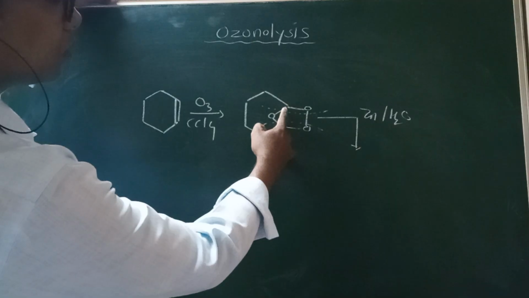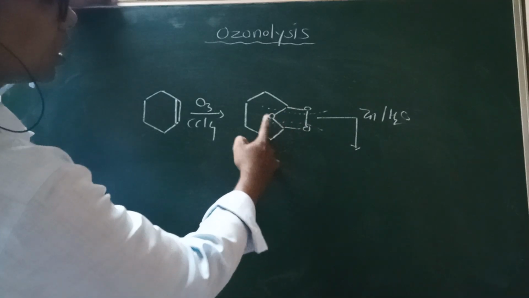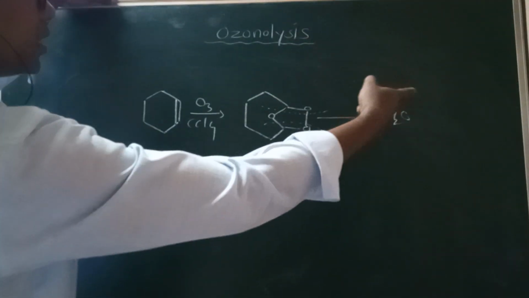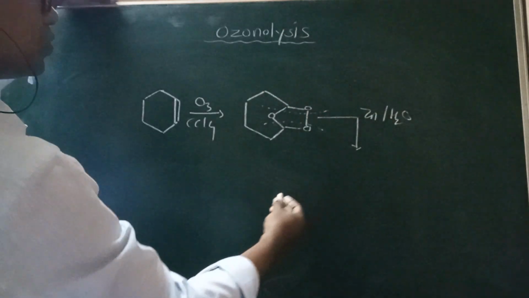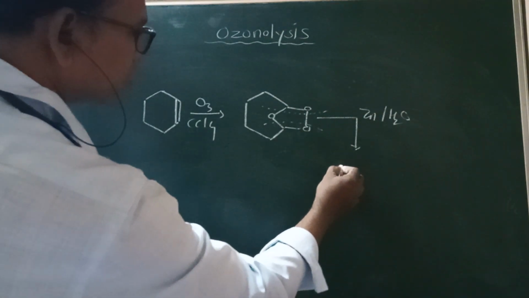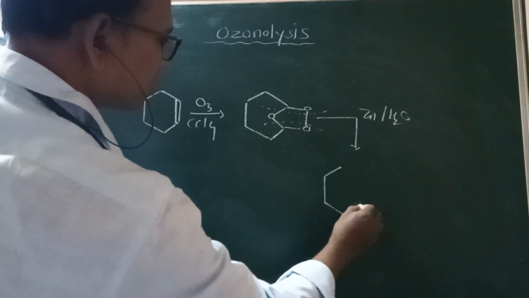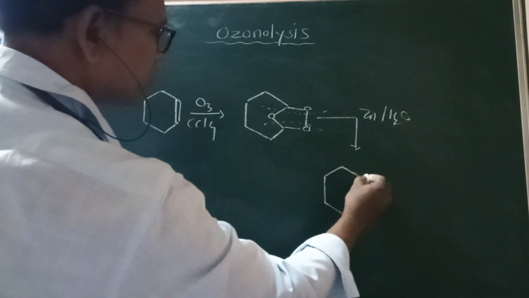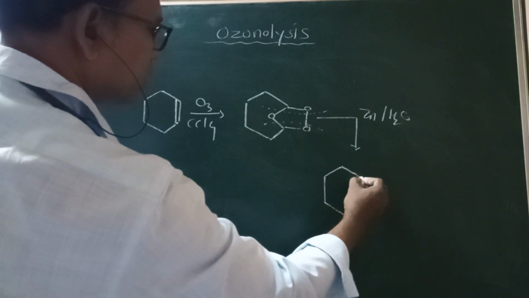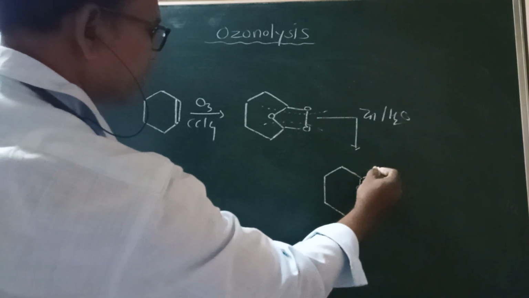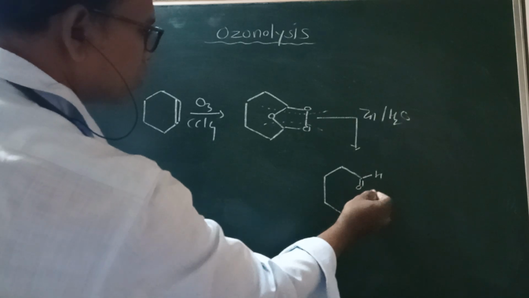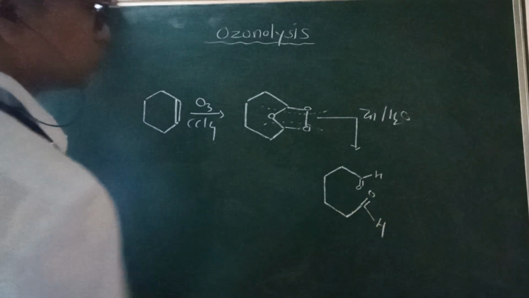This O will be along with this carbon, this O will be along with this carbon, and this O couples with zinc, reacts with H2O, giving Zn(OH)2. So we'll get this as a product, with double bond O and H here, and here also double bond O and H.